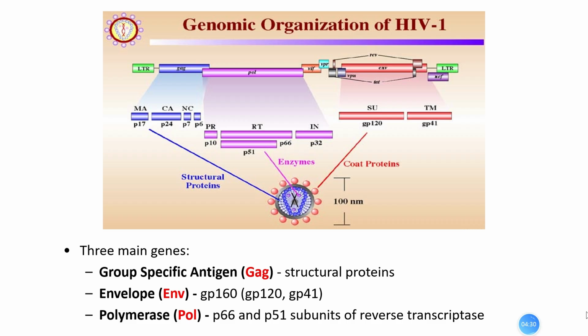It encodes P66, P51, and these are the subunits of the reverse transcriptase. While on the 3' end here, it encodes the envelope protein, ENV. It encodes a big protein called GP160. But GP160 can be further processed by protease to GP120 and GP41. So that's the spike protein. The 3 major parts of the genome.